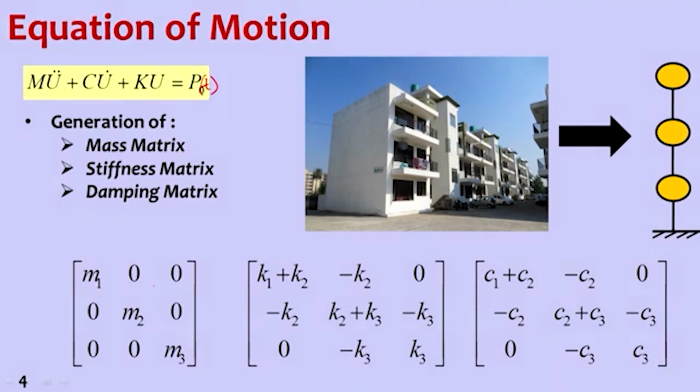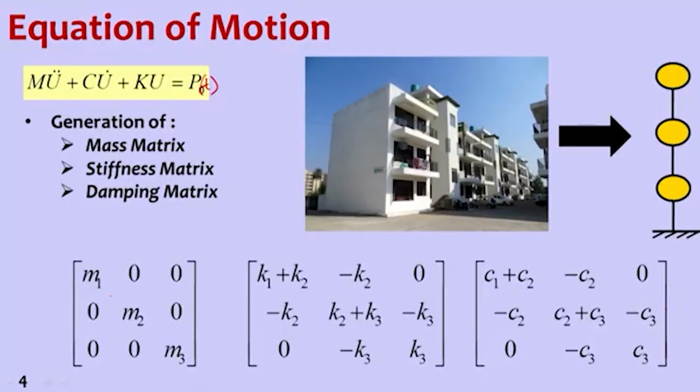The reason is that we are putting the degrees of freedom at the center of mass, and the mass is not vibrating in the direction of the other mode. We will discuss in the next class how mode shapes help us understand the complex vibration of the whole structure in a simpler manner.